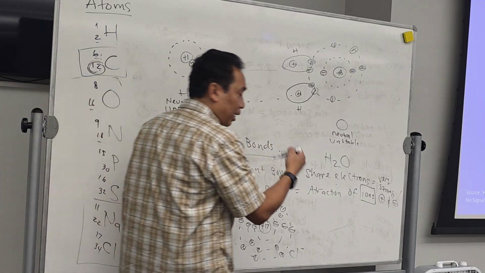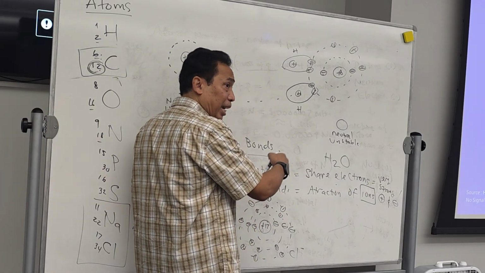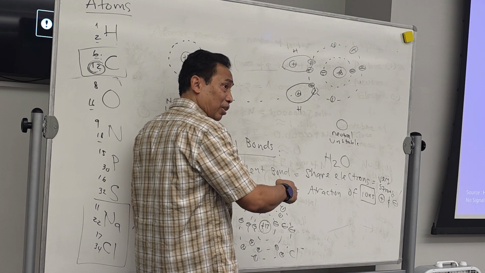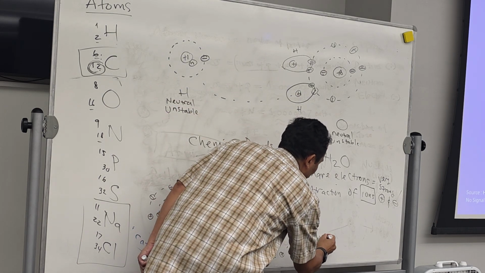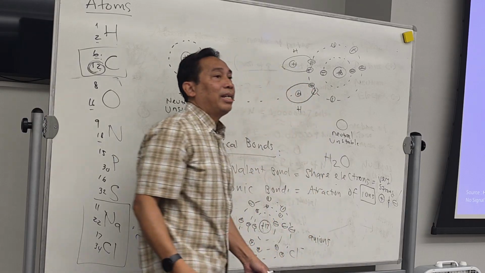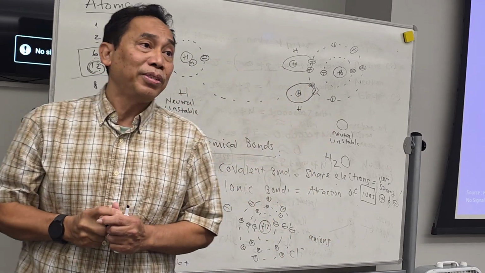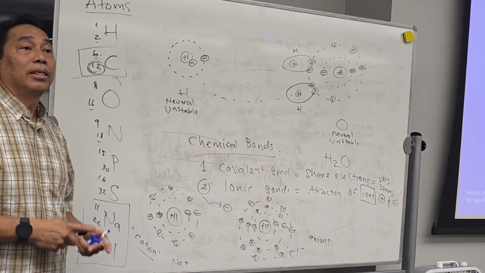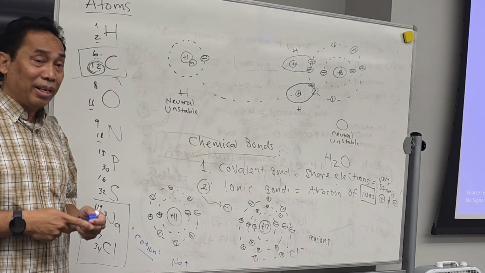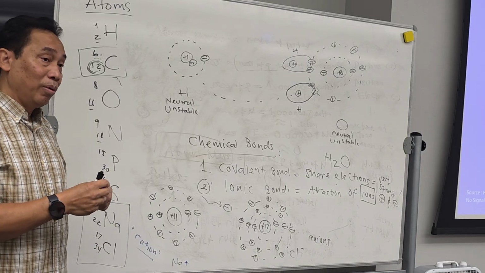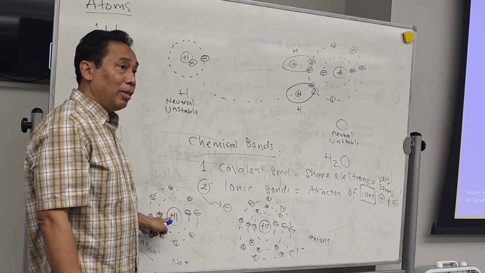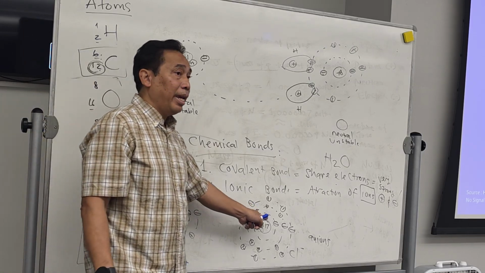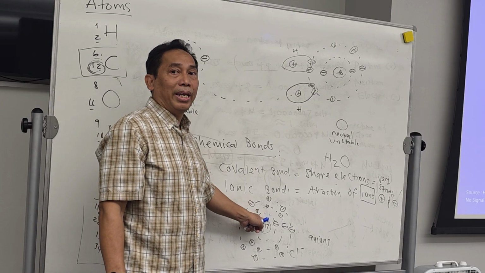So any atom that carries negative charge is called an anion. Anion. Okay? So anions are atoms that carry negative charge. Cations are atoms that carry positive charge. And this is how they become positive and negative. They lose electrons, become positive. They gain electrons, become negative.